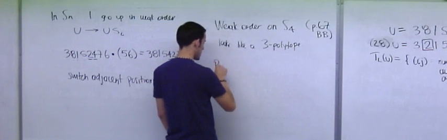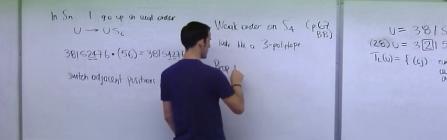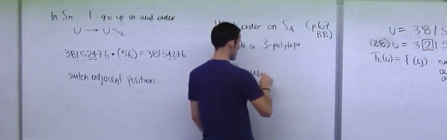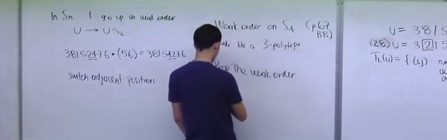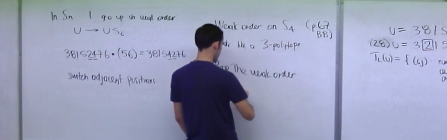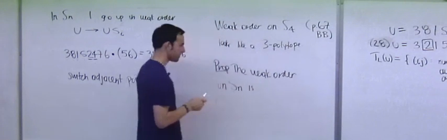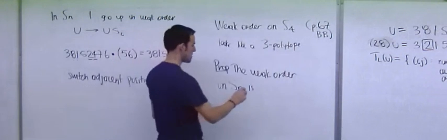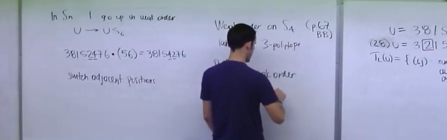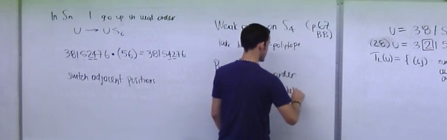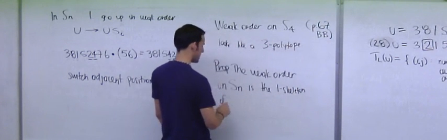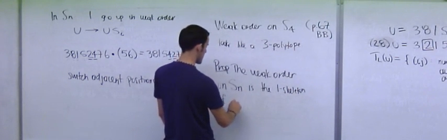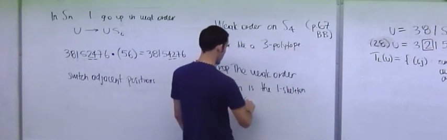So, proposition: the weak order on the symmetric group Sn is the one-skeleton of an n-1 dimensional polytope.